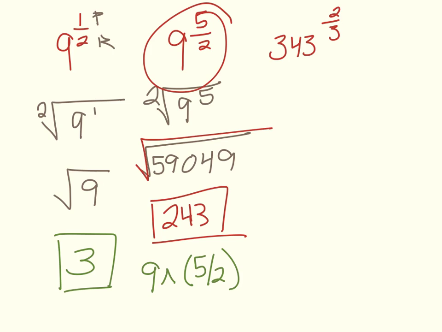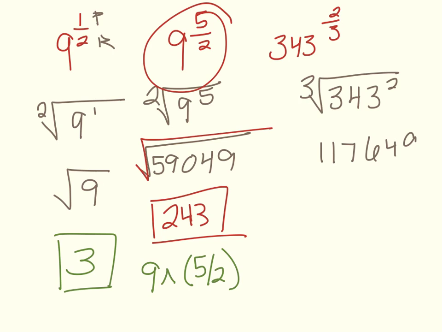The last one here is the third root of 343 to the second power. Well, 343 to the second power is 117,649, and I want the third root of that.